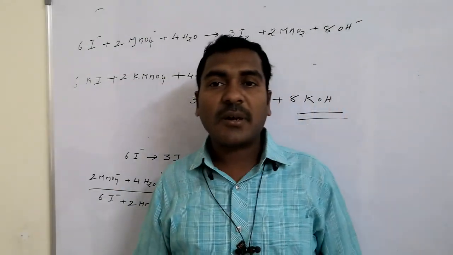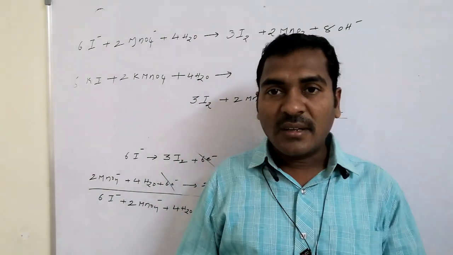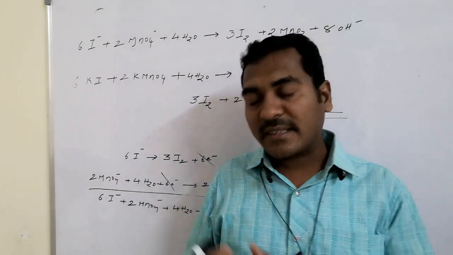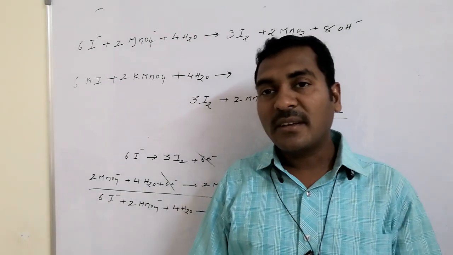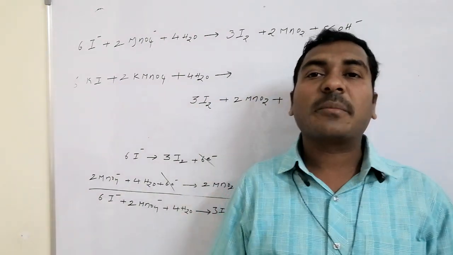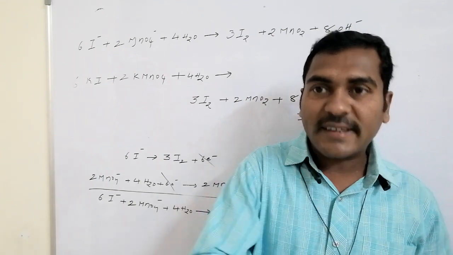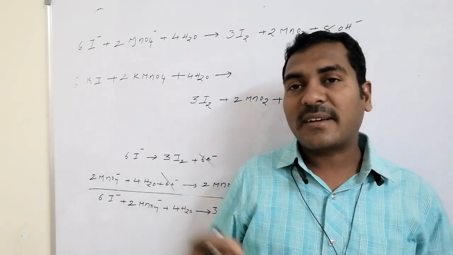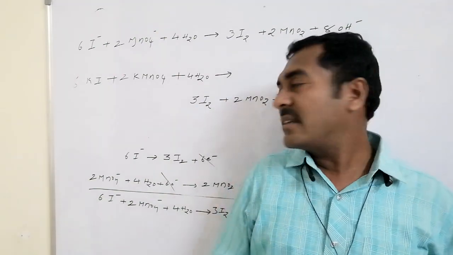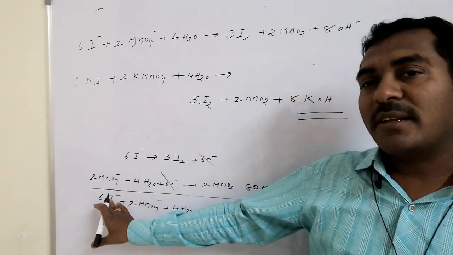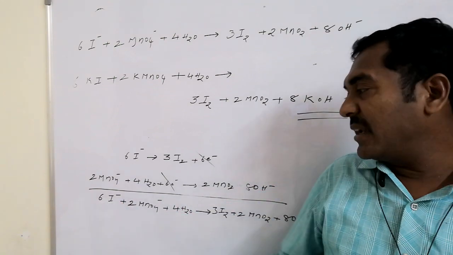Then we go for the other atoms as per the medium. Then at the end we go to the stage where charge is balanced, that is, the electron number is also balanced, and we make the equations balanced by the number of electrons. To validate this law of conservation of electrons, vice versa multiplication can be done. Then adding one to the other results in the ionic form of the balanced equation.